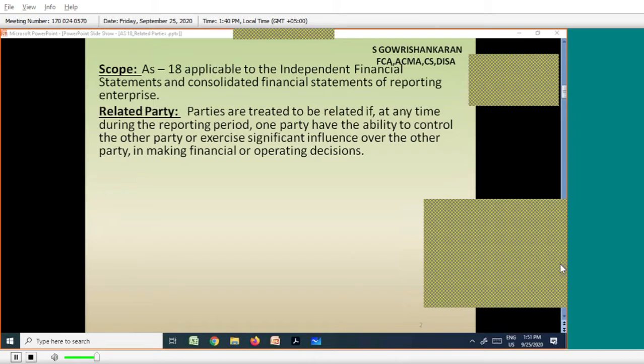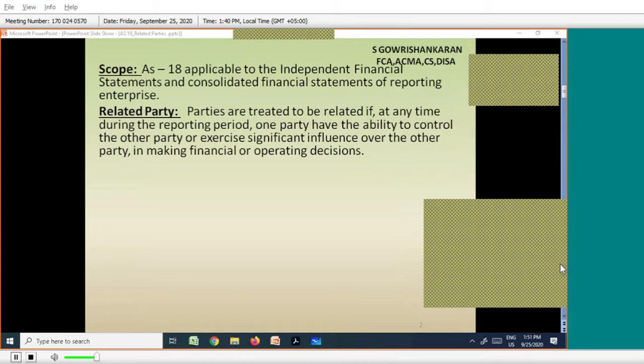If I am able to control another party, or if I am influencing the other party, then both are related parties.